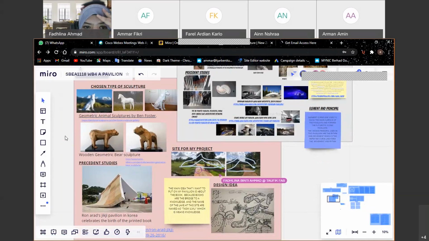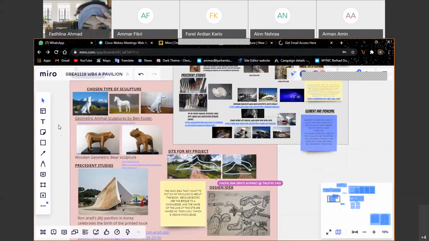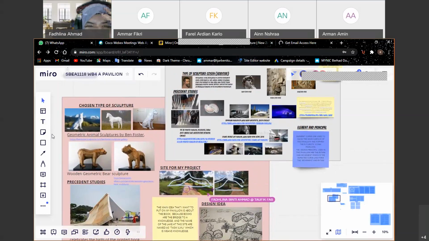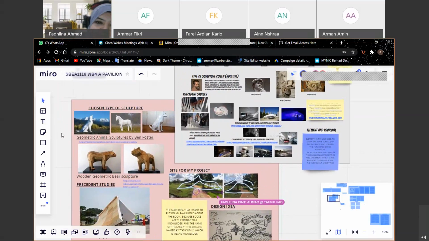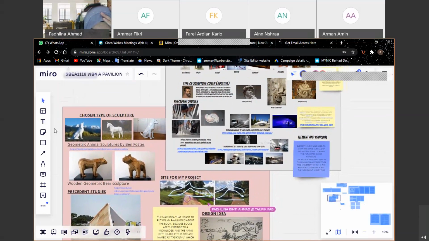Because he wants to put emphasis, to show awareness about the animal, and it's more like putting his sculpture in front of the scenery at his hometown in New Zealand.